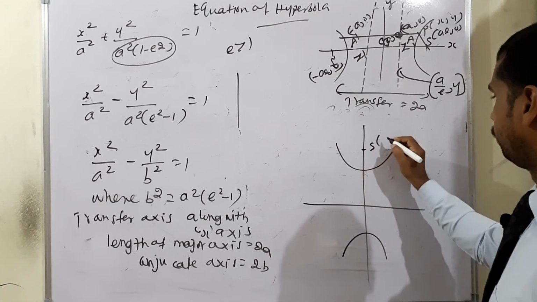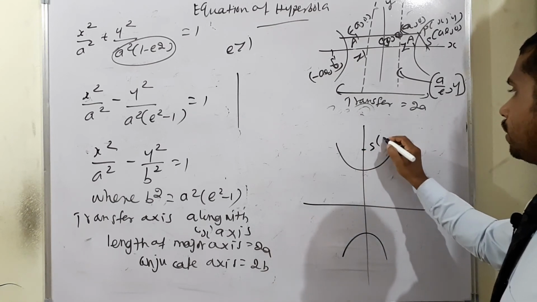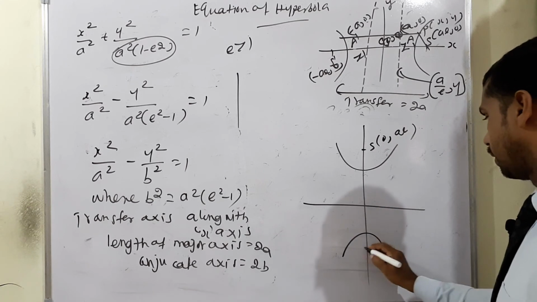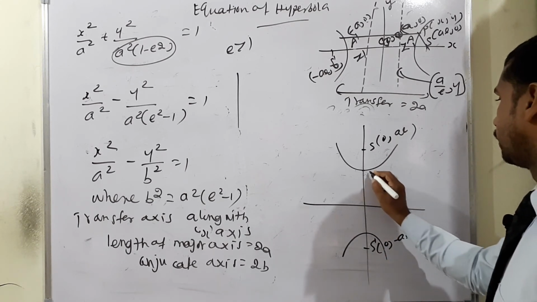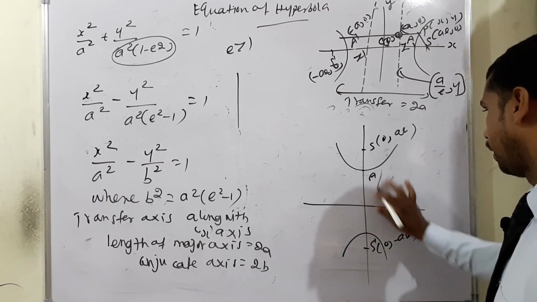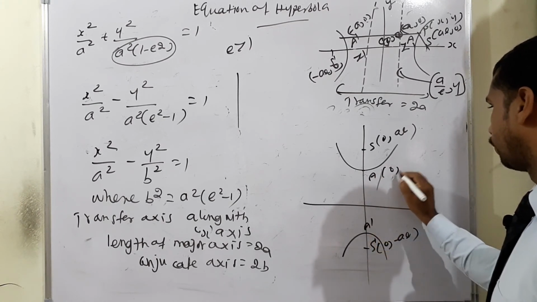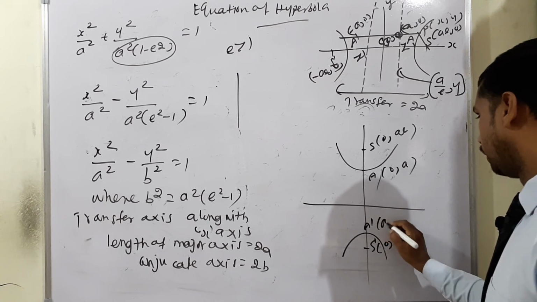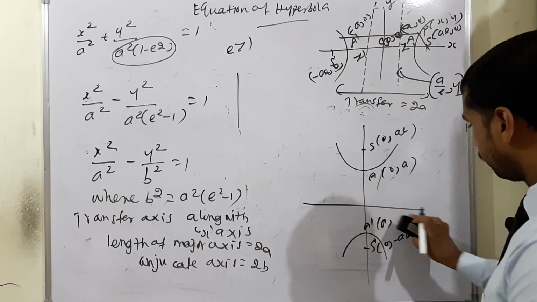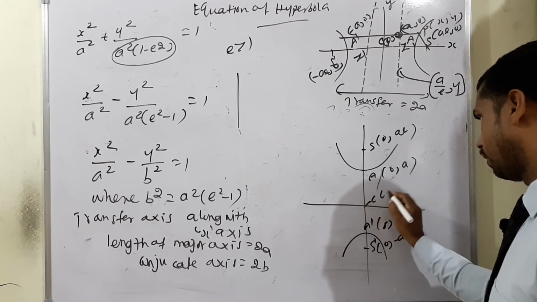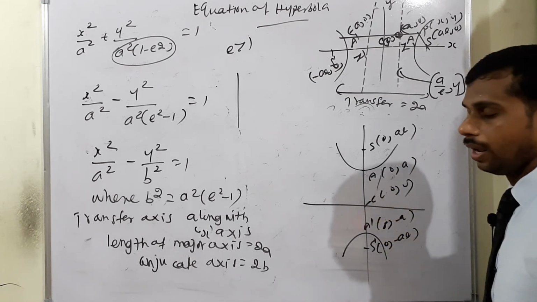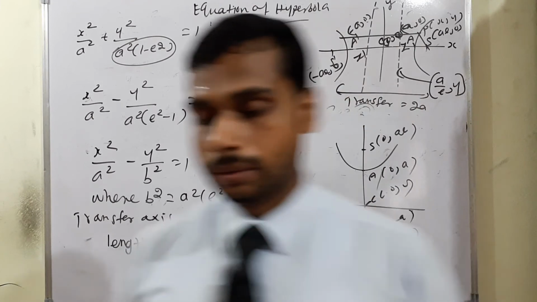So this is foci, means definitely x point will be 0, that is 0 comma ae, this is S dash means 0 comma negative ae, as well as this is vertex, point a, this is A dash, means this is considered for 0 comma a, this is called 0 comma minus a. This is center 0 comma 0. This is called transverse axis along with y.